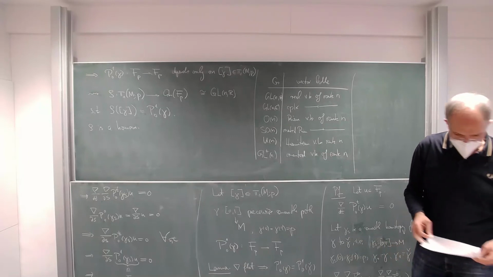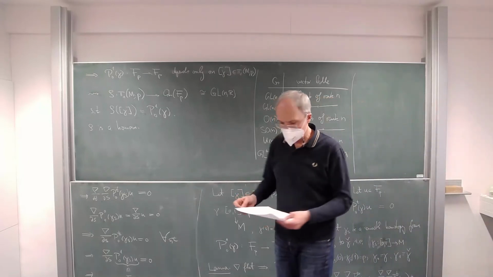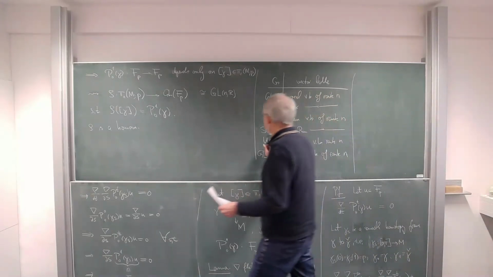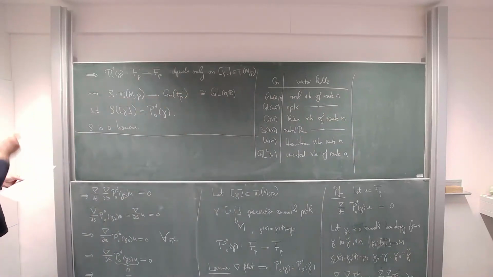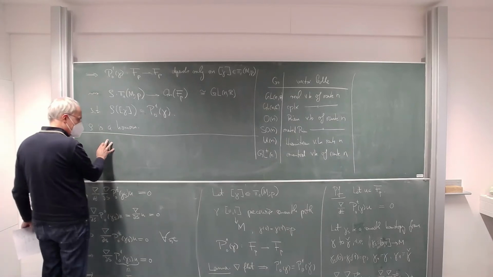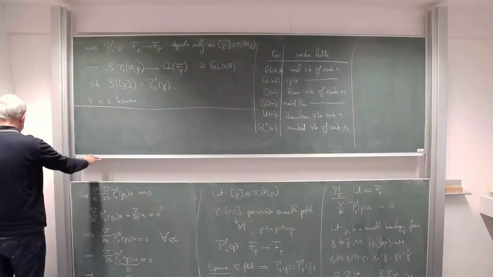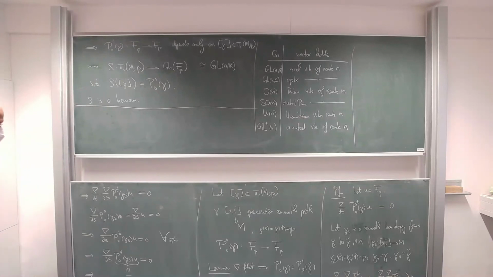And why is that true? Let's see. So suppose we start with this flat vector bundle F, and we get this representation rho. And now, how did the construction go when I have a representation?